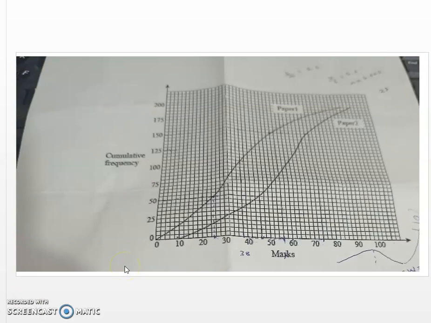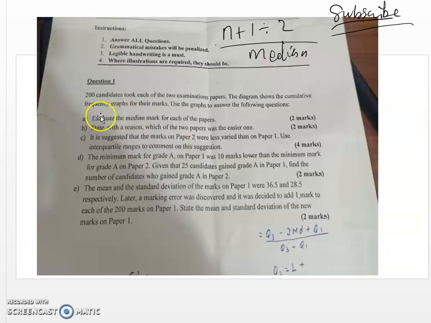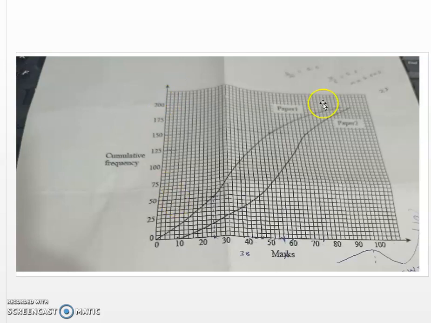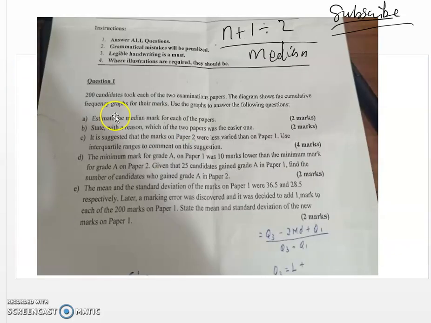So to find the estimate median mark for each of the papers in this graph, if we look at paper 1, look at this paper critically, you will observe that the cumulative frequency for paper 1 ends between 175 up to 200, but we are estimating the median mark.